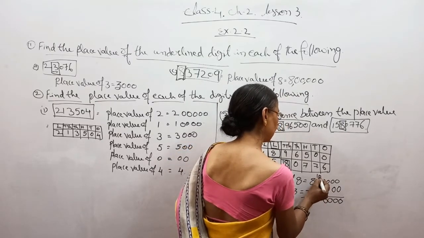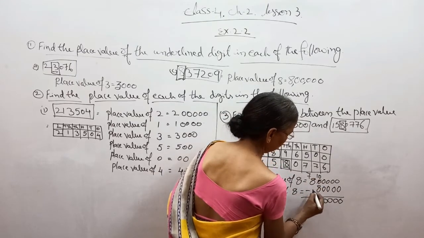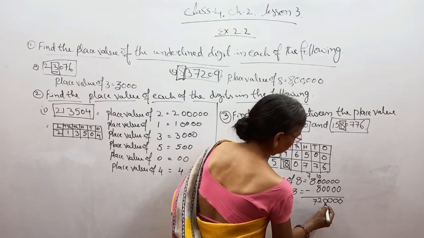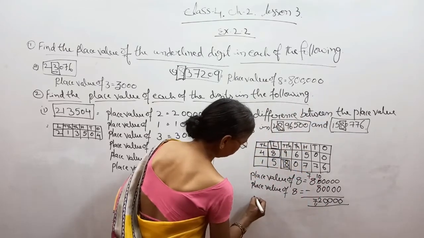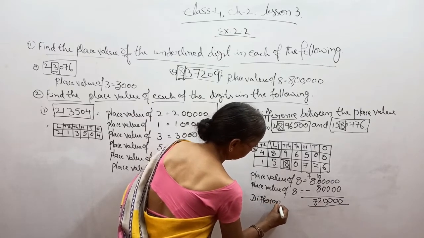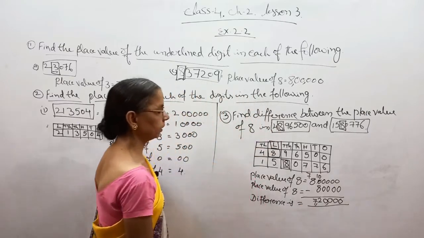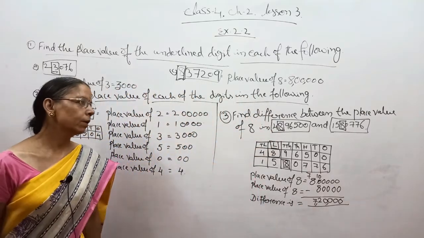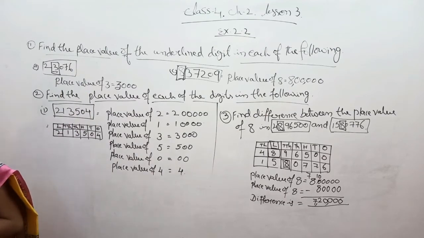It comes 10. Here it is 7. 10 minus 8, it is 2. Now 7. That is 7,20,000. The difference is 7,20,000. Like this, we can find the difference between the two numbers.